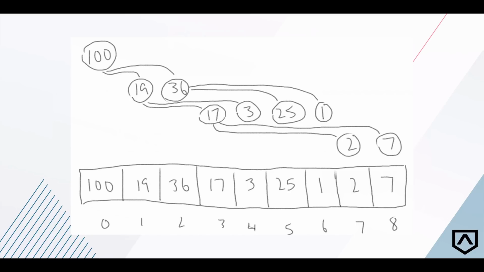From there, 19 is next, and then 36. Those two take the next 2 spots. Then go down another layer, left to right. That gives us 17, 3, 21, and 5. Those go in the next 4 spots. And then go down again to the next layer, left to right, 2 to 7.